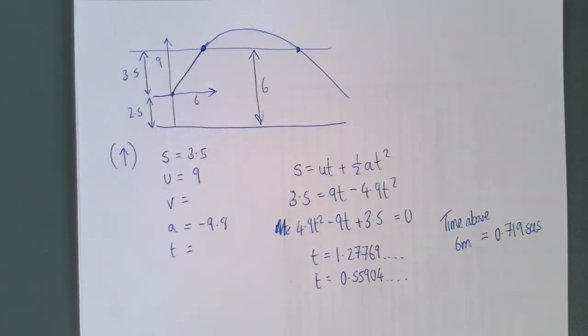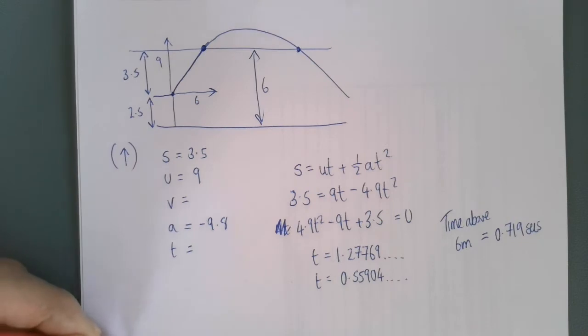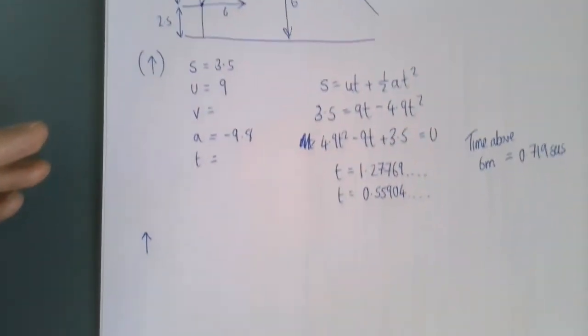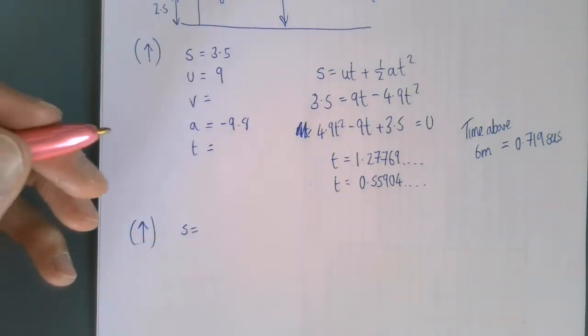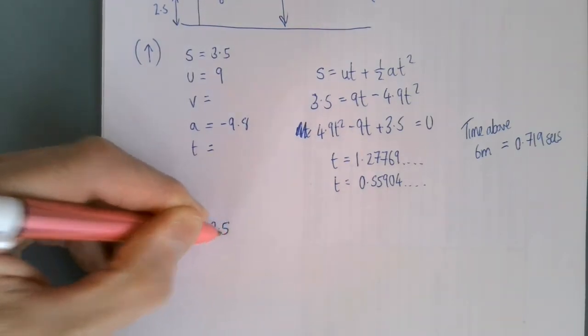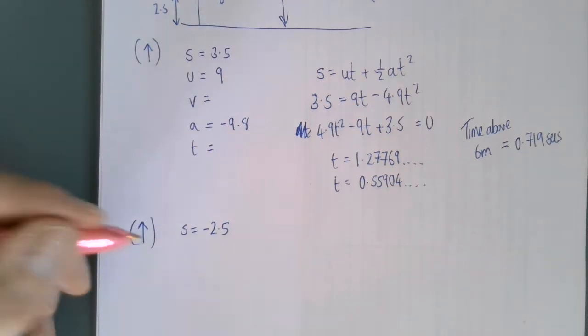Okay, the distance by which the stone falls short of the target. Well, this is still a vertical problem because the time is the first thing I'm going to work out. So I'm going to work out the time that it hits the ground. And so I'm still thinking vertically, sorry, I'm going to move down here, because it will hit the ground when its distance travelled is minus 2.5 metres vertically.